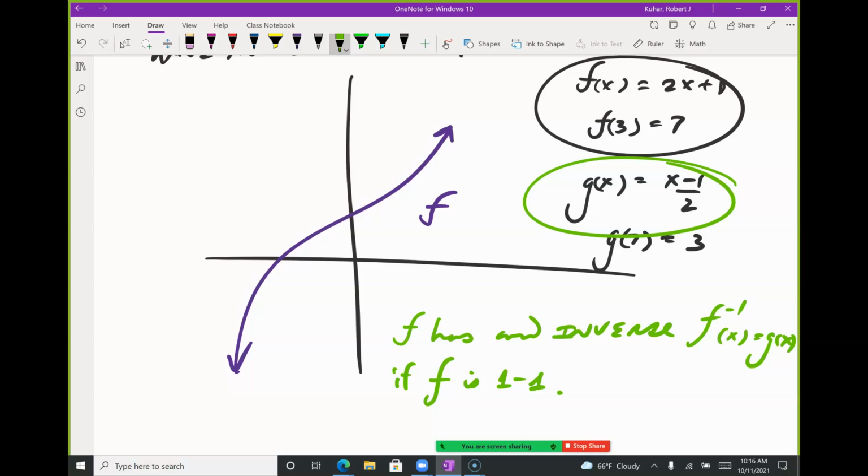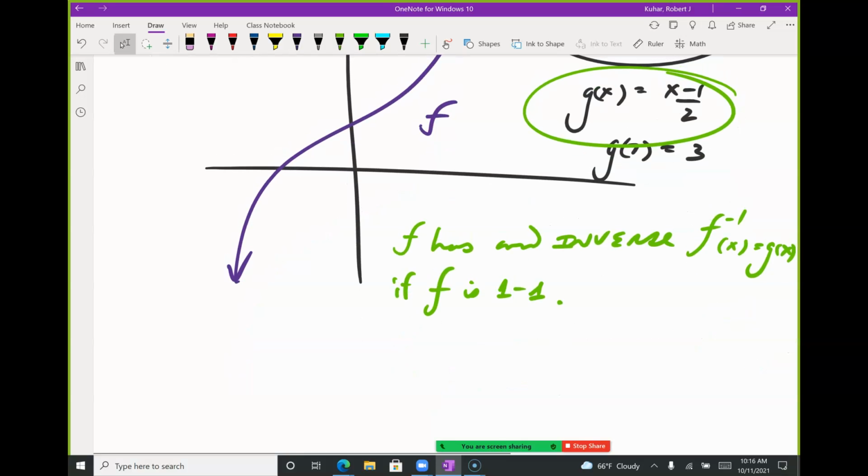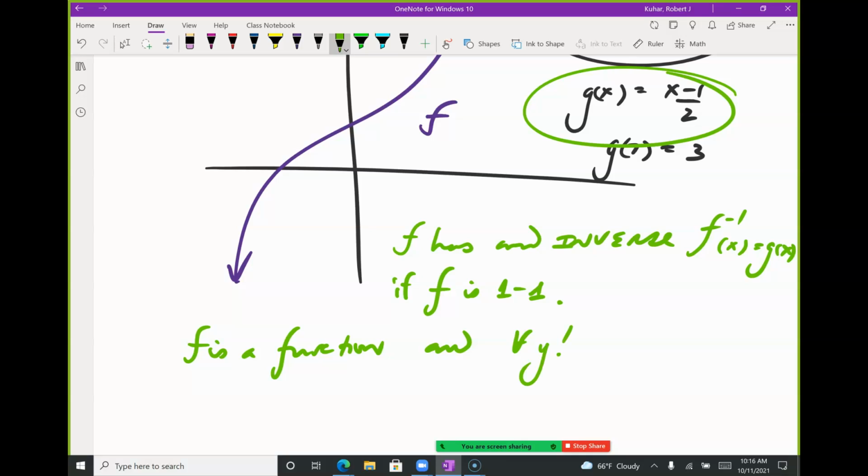So it's a function to begin with, and then for every unique y, there's only one x. f is a function, and for every y, there is one and only one x.